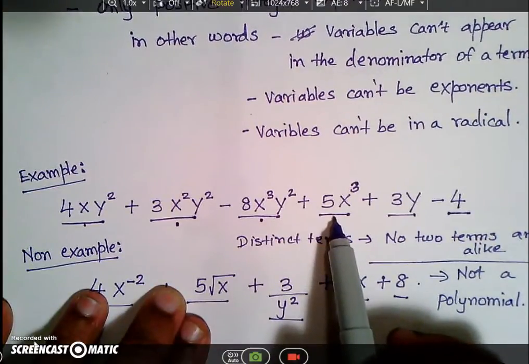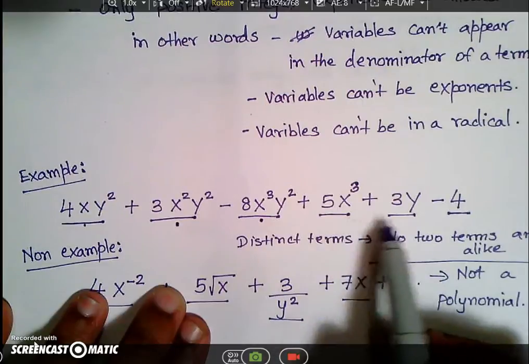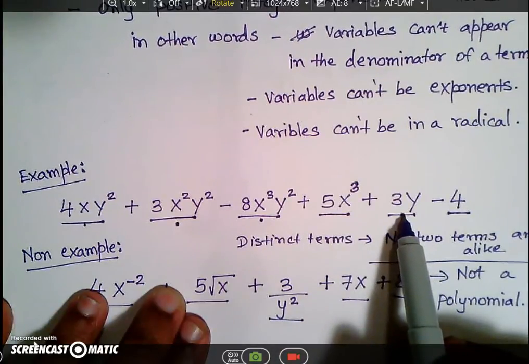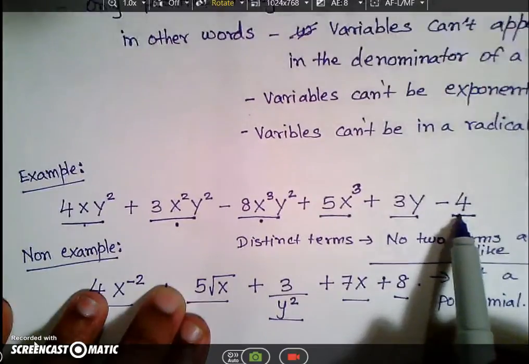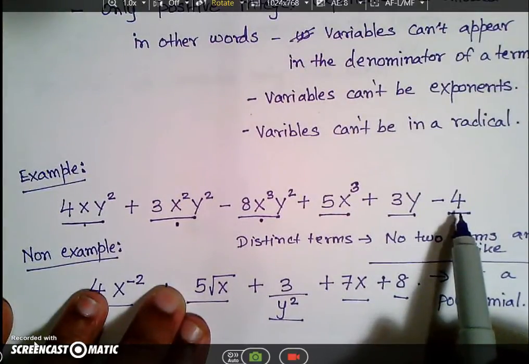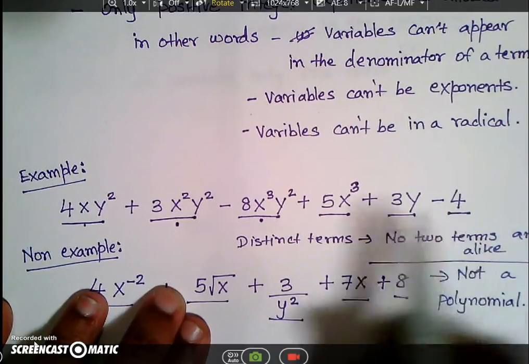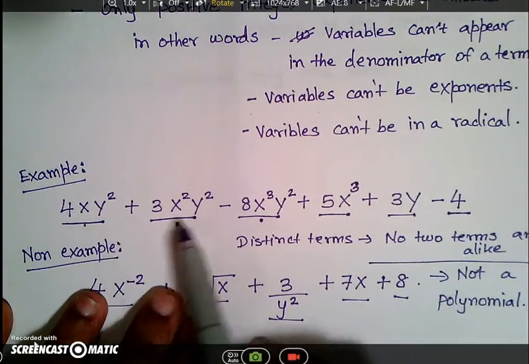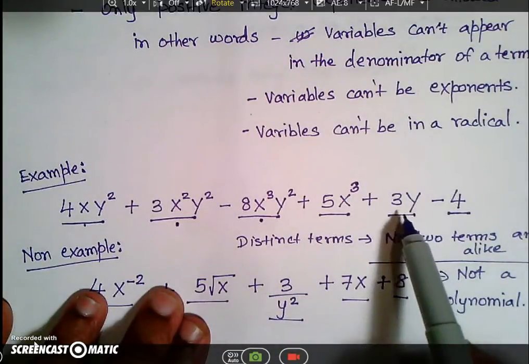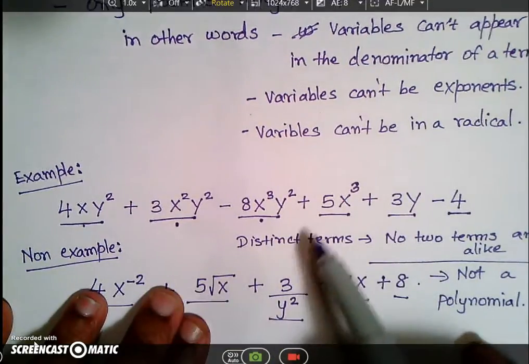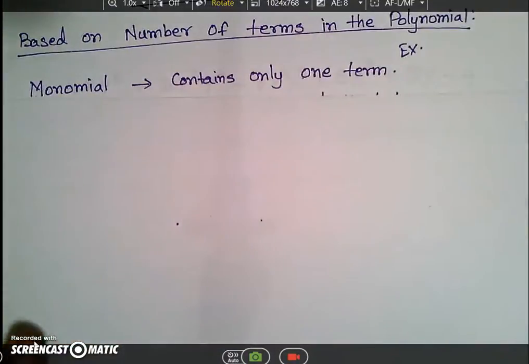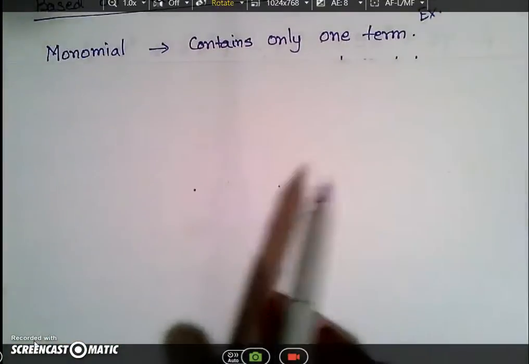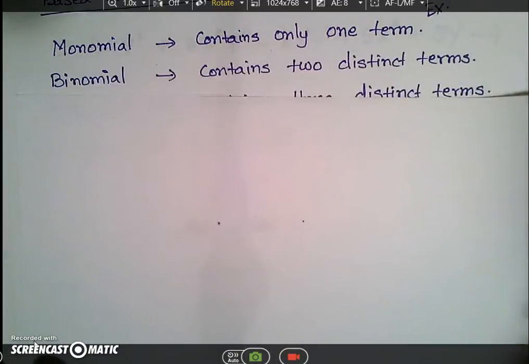Term number 4 is also a monomial by itself. Term number 5 is a monomial by itself. Term number 6, which is a constant term, could also be a monomial by itself. Constant terms are also monomials. So I have 6 monomials together making a polynomial. Monomial is a polynomial that contains only 1 term.